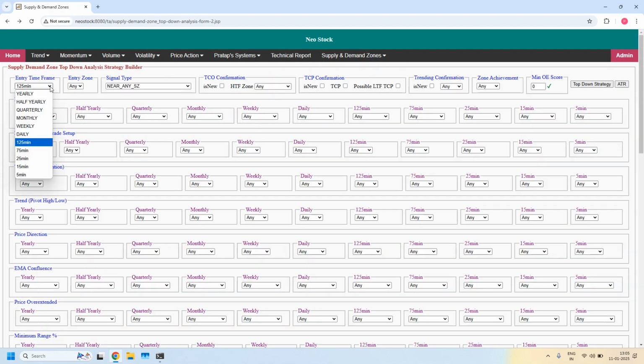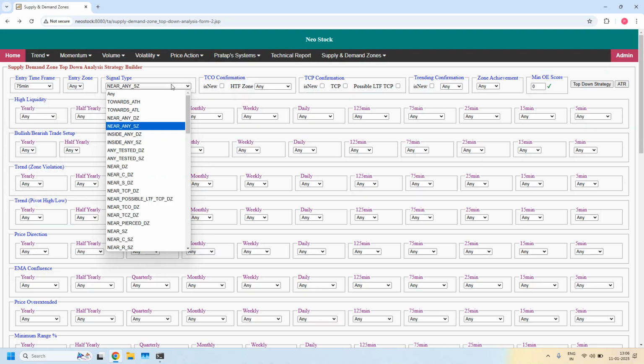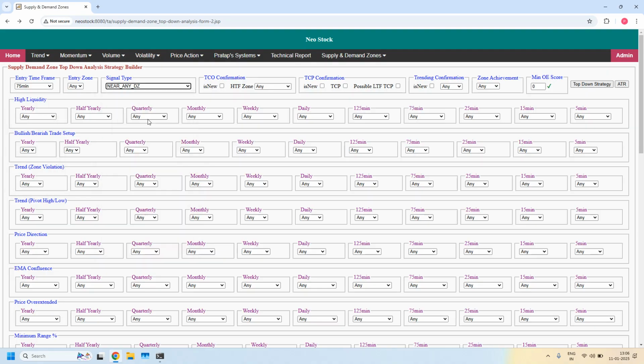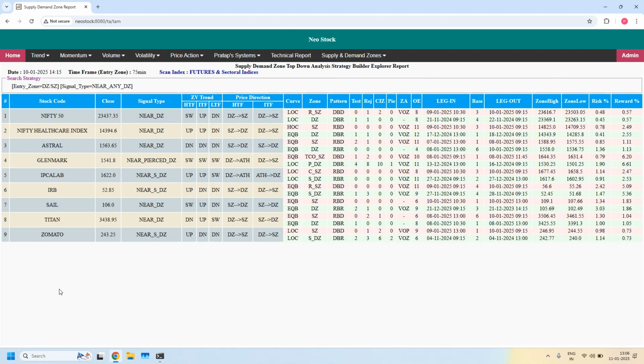Next time frame is 75 minutes. Entry time frame 75 minutes. Let us find the stocks near 75 minutes demand zone. 9 stocks are filtered. Let us identify high liquidity 75 minutes demand zones. From this list, they are useful for our HLQ zone strategy learned in lesson 21.